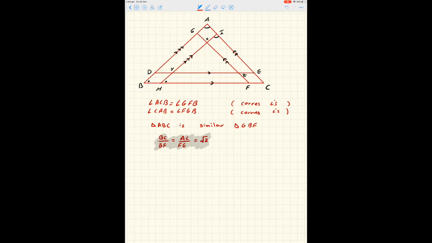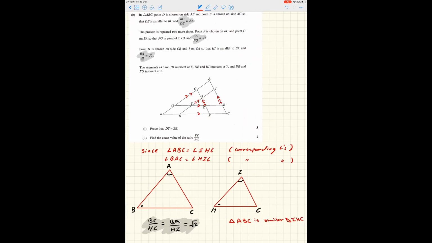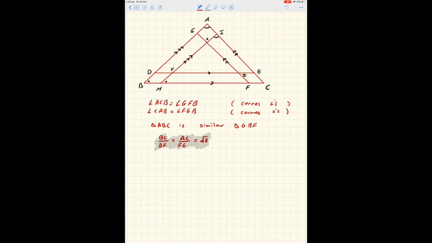Okay, so now using these two things that we mentioned, that BC over BF is equal to AC over FG, which is equal to the square root of 2, and previously BC over HC equals AB over HI equals the square root of 2 as well, I'm going to say the fact that now BC over BF is equal to BC over HC.